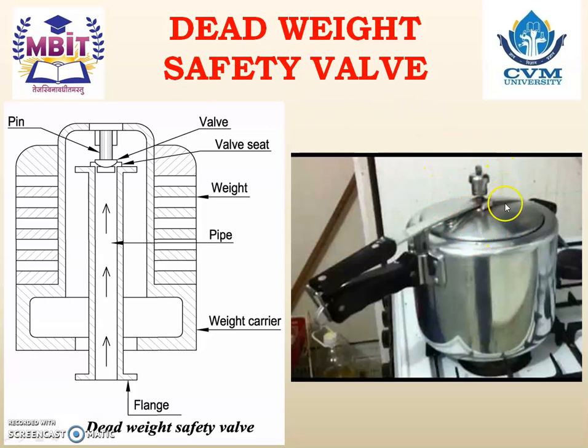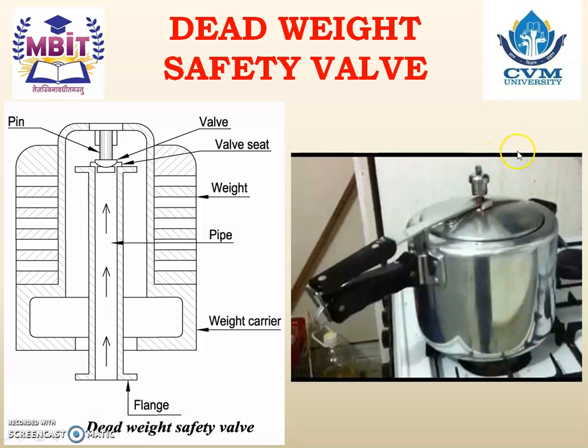And what is the function of the whistle here? The function of the whistle in the pressure cooker is that whenever the pressure of steam inside the pressure cooker increases more than the safe working limit, the whistle automatically moves up and allows the removal of steam from the cooker to the atmosphere. And whenever the steam pressure reduces, this whistle automatically comes back.